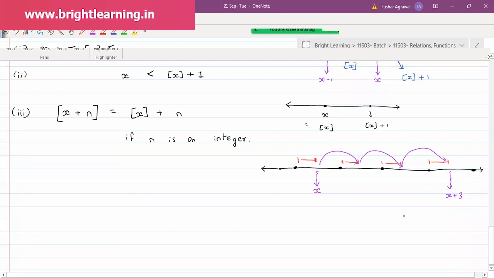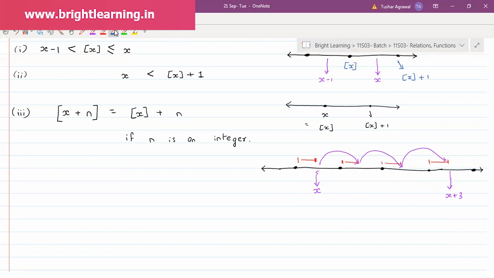So now x plus n, its step function. Can I write the step function of x plus n, that is, of x plus 3, as this part? And the step function of x will be this part.